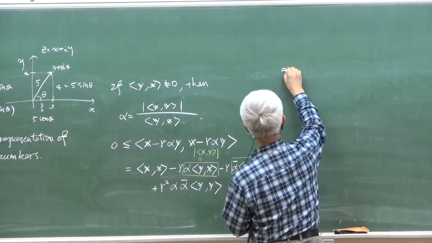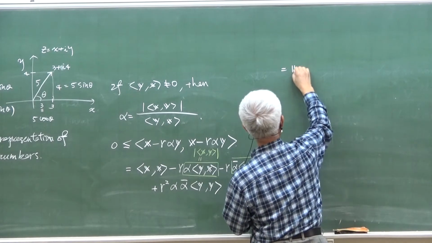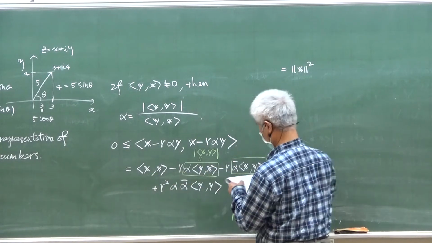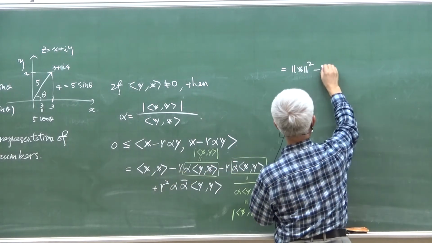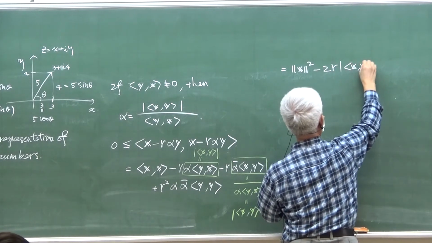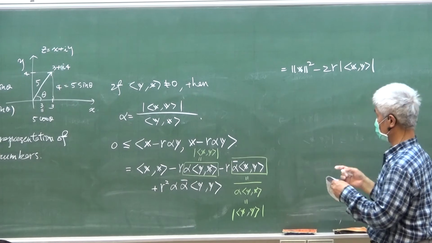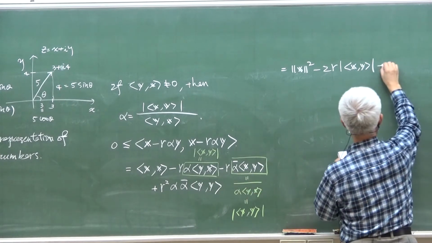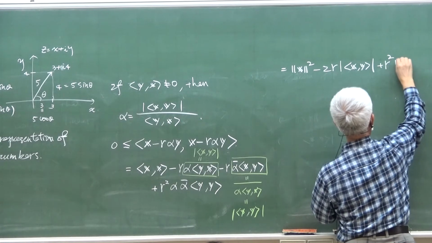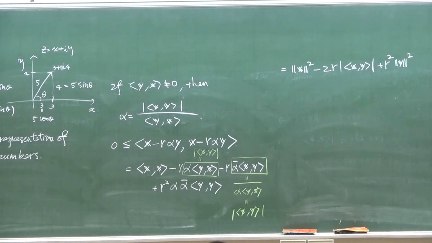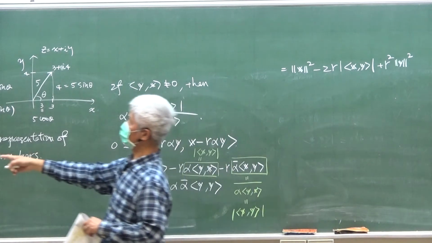So now we have the squared norm of x, minus 2r times the absolute value of the inner product of x and y, because they are the same, plus r squared times the squared norm of y, because alpha is the phasor.